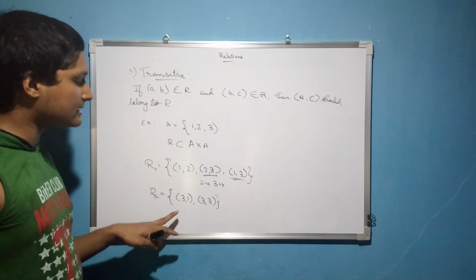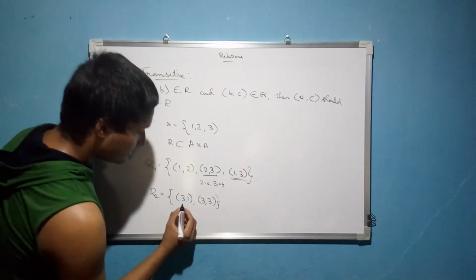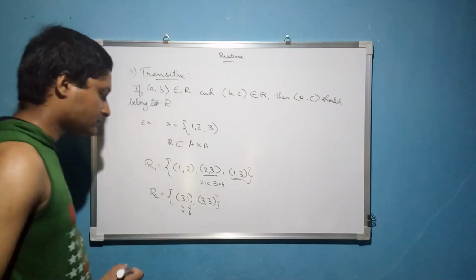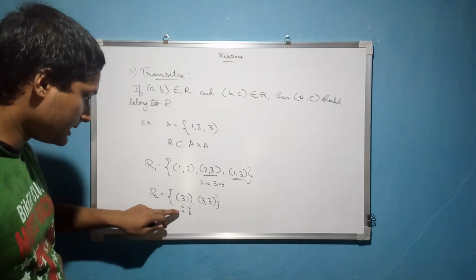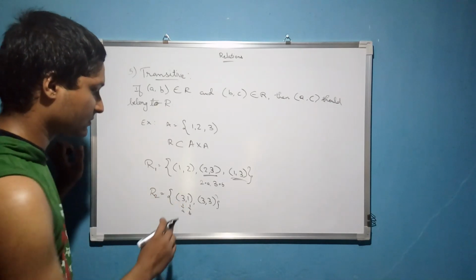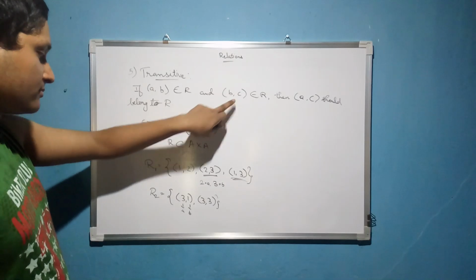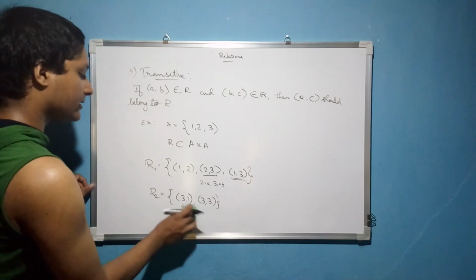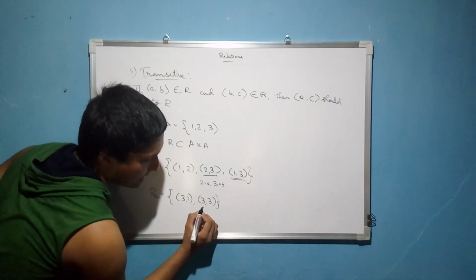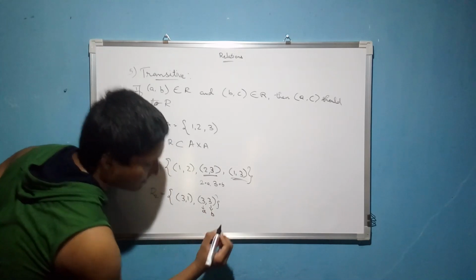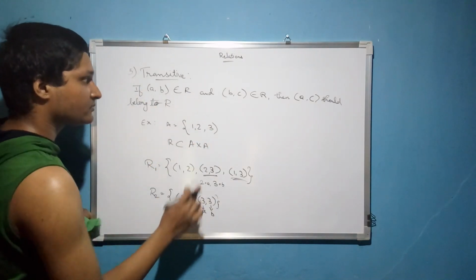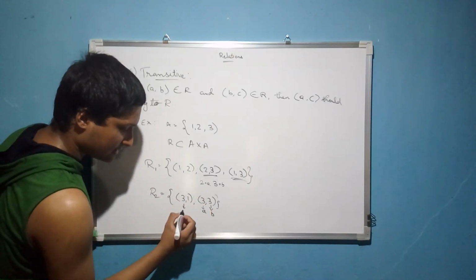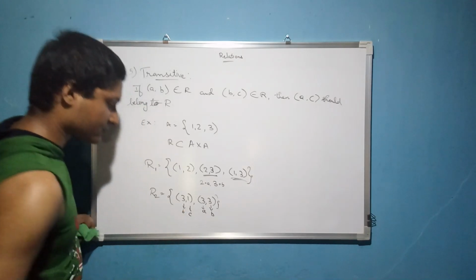Let us consider this 3 as A and 1 as B. There is no (B, C) term, so there is no question against transitivity in this case. Now we'll take this 3 as A and this 3 as B. So we have (A, B). There is one more (B, C) I can find here, because this is 3 and this is also 3. Therefore this is B and this is C.